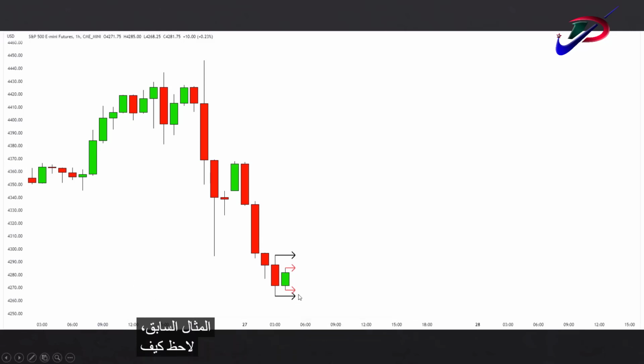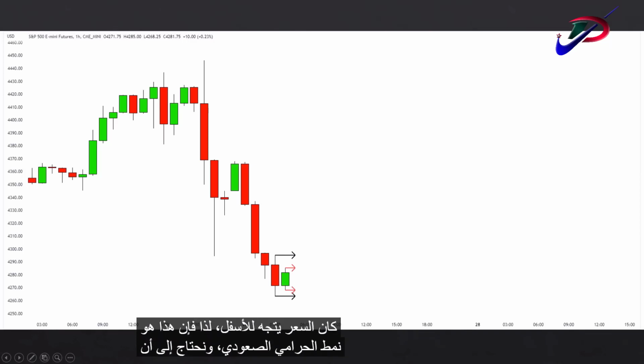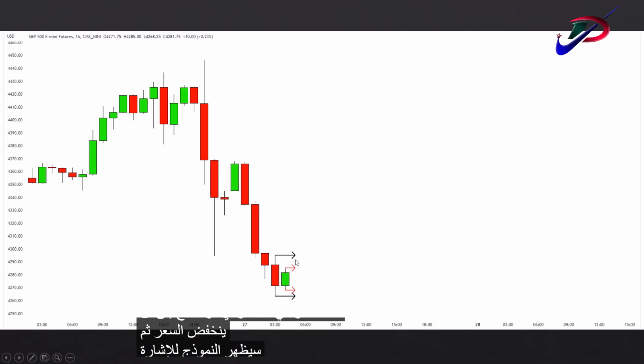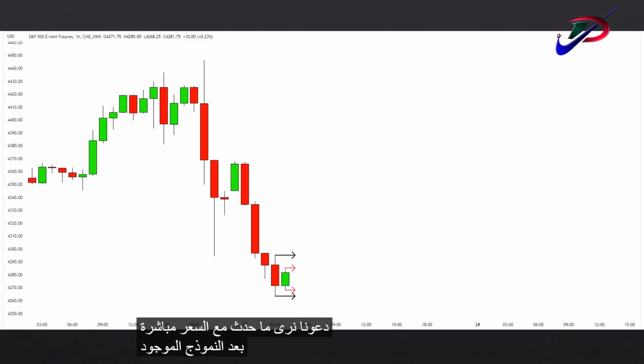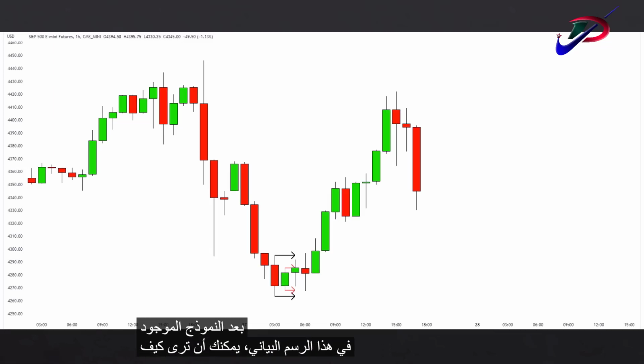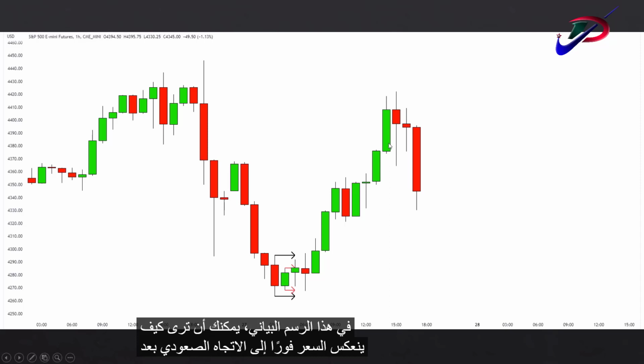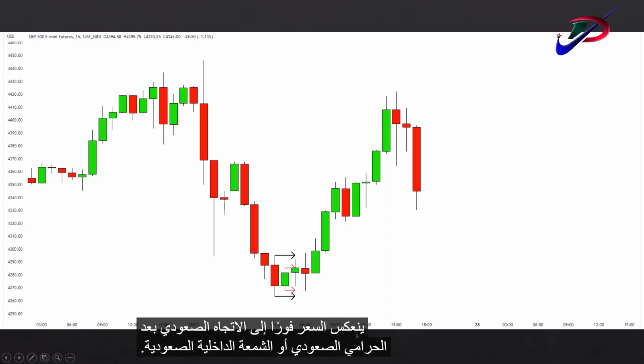Observe how the range of the current candle is contained within the range of the previous candle, therefore creating an inside pattern. Price was going down, so this is a bullish harami pattern, meaning that price will be going down and then the pattern will appear to signal a reversal to the upside. Let's see what happened with price right after the pattern. In this chart, you can see how price immediately reverses to the upside after the bullish harami or the bullish inside candle.